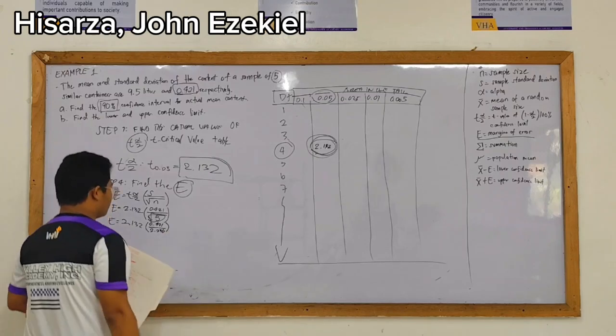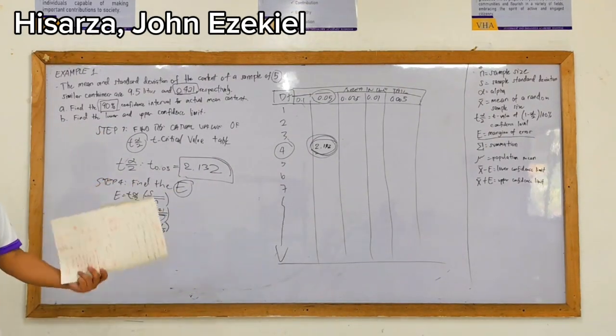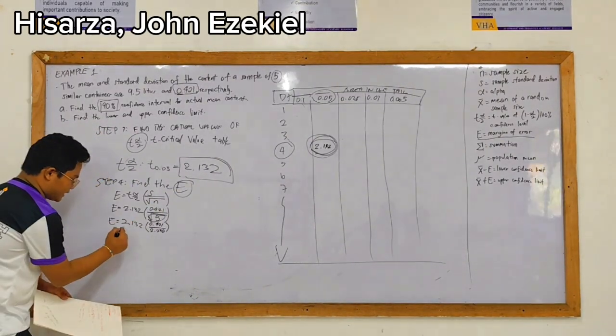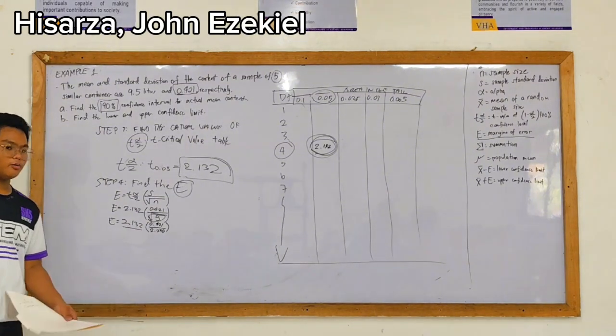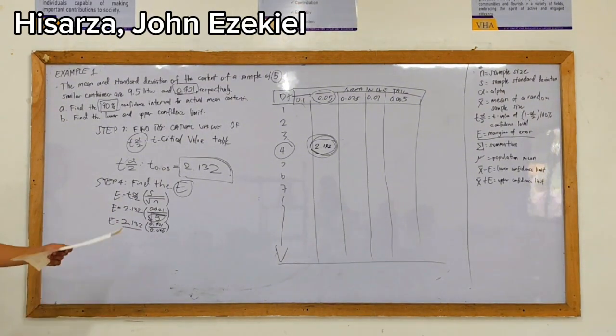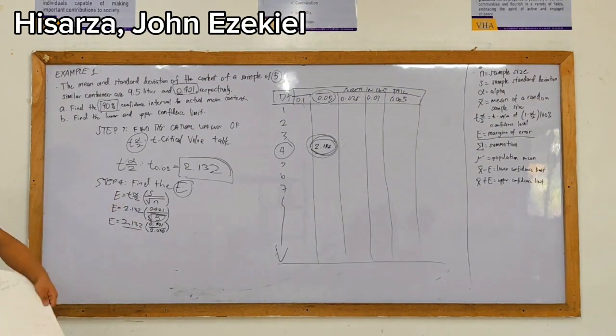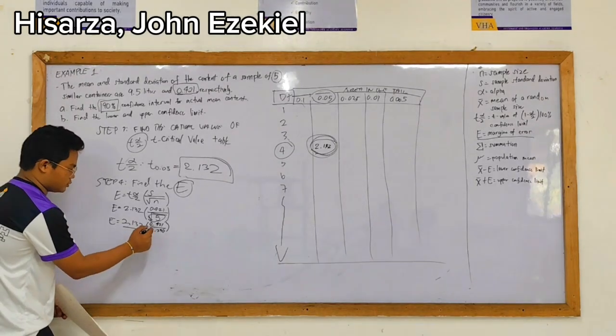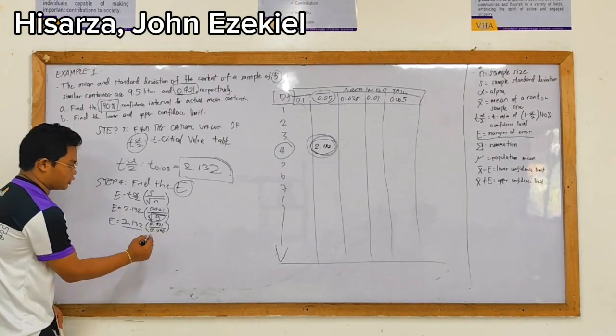2.236. After that, we're going to multiply the 2.132, or the critical value, to our numerator, which is 0.421.